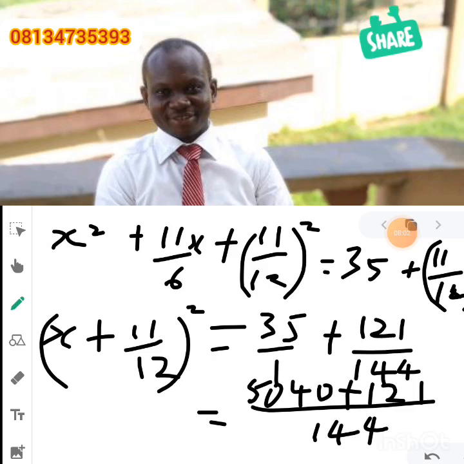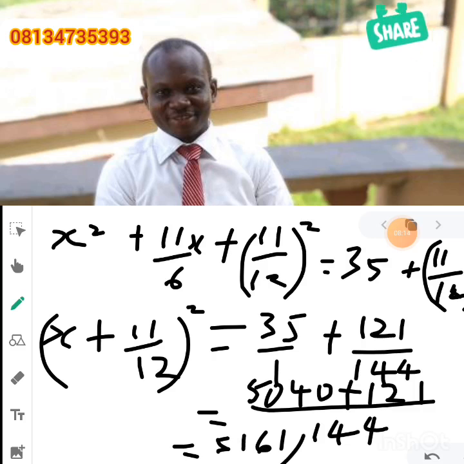So 5040 plus 121 should give us 5161, all over 144. Don't forget that. So 5161 over 144.